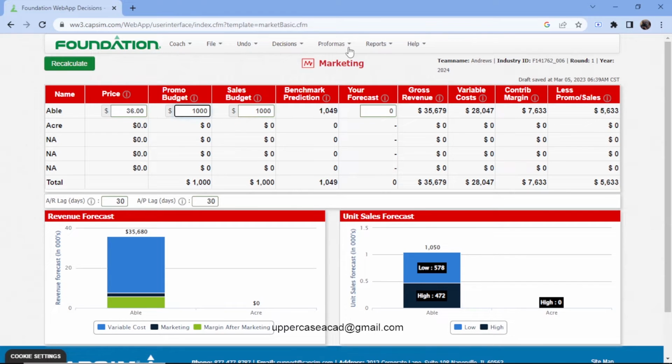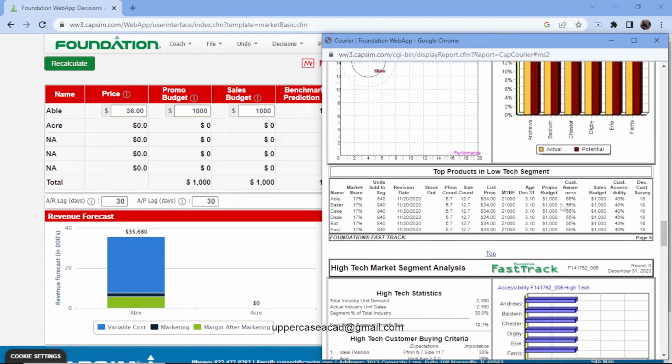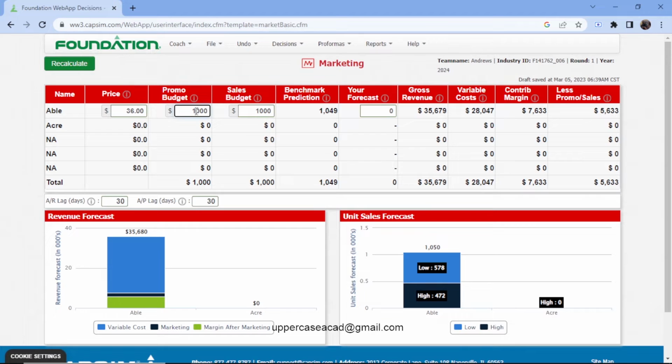Then awareness. If I look at my awareness, I realize that all of us have an awareness of 55% and accessibility of 40%. Because I know most of my competitors will be increasing their budgets for promo and sales, I'll increase mine to 2 million, basically 2,000 in thousands, and here I'll put 3 million.